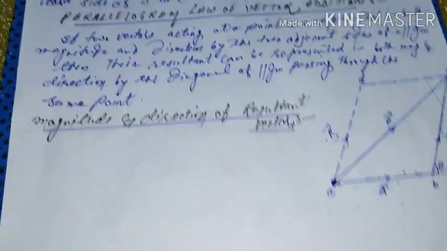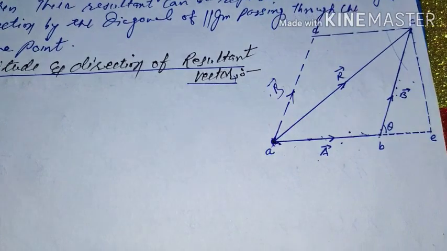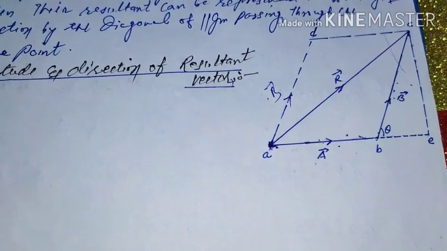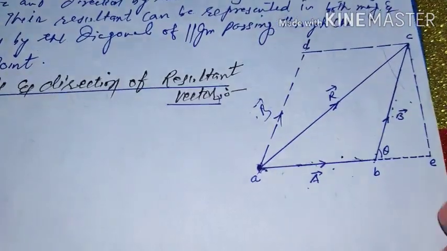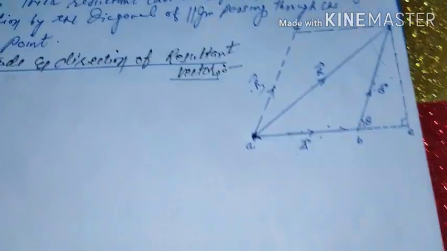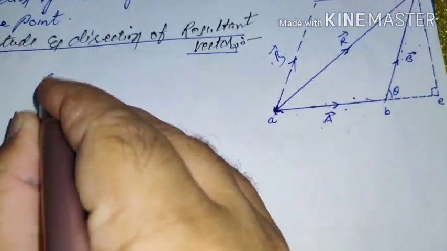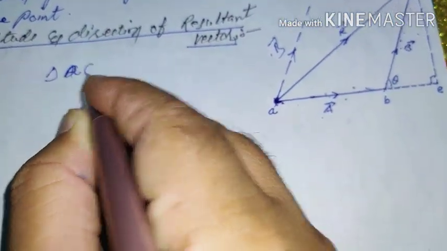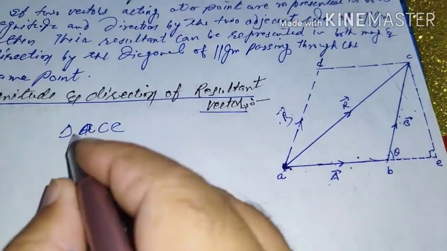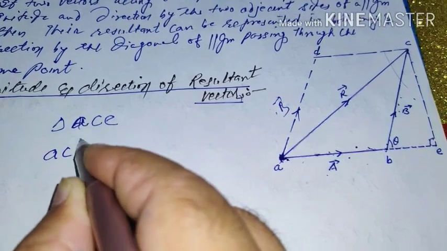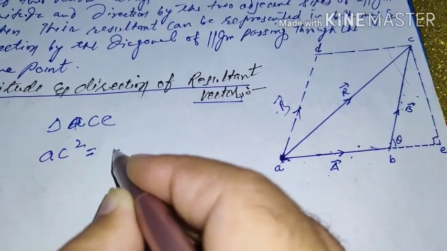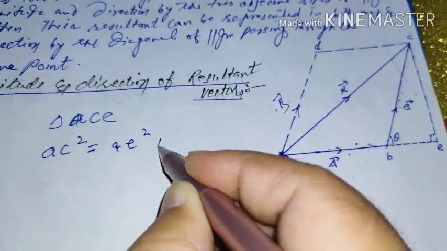So to calculate the magnitude, you just concentrate on this diagram. Let us suppose there is a right triangle ACE. Use Pythagoras theorem. So using Pythagoras theorem, AC square is equal to AE square plus EC square.